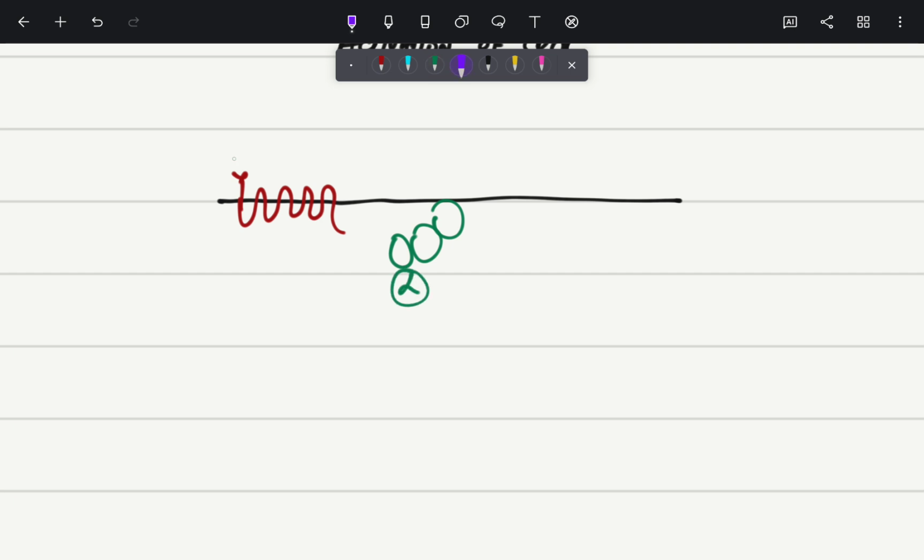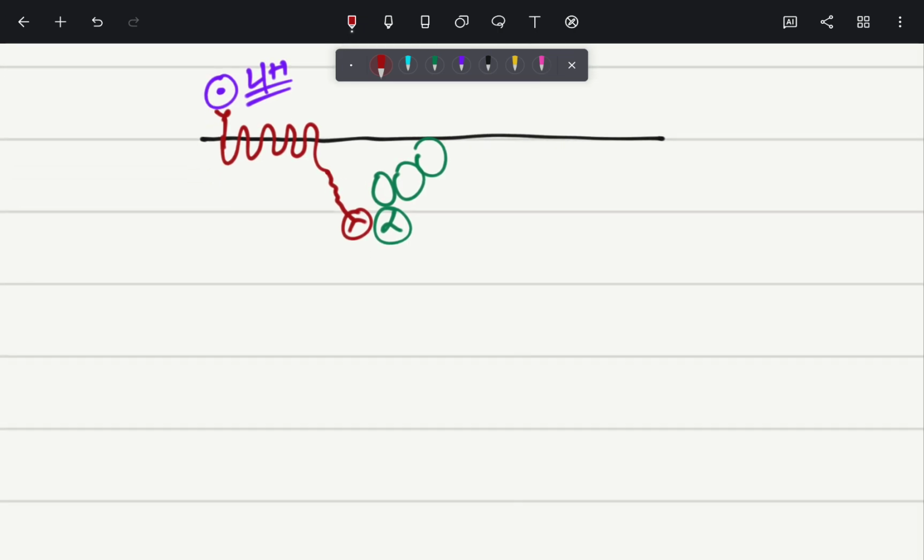Okay, suppose any ligand or hormone is attached to the receptor, there will be receptor activation, and this receptor activation will go and stimulate the alpha subunit of the G proteins. Now this alpha subunit will convert the guanine diphosphate into guanine triphosphate.